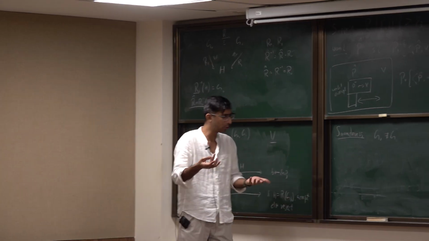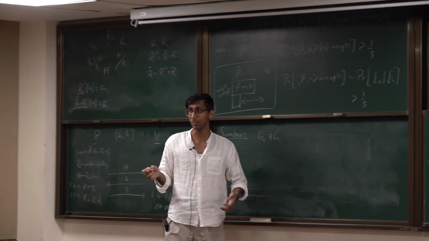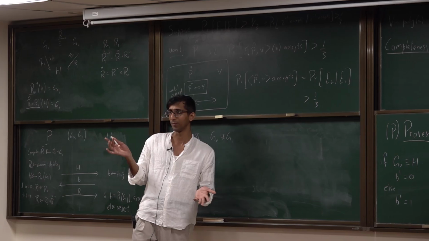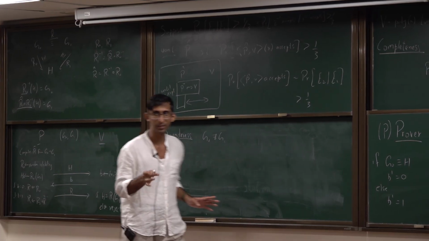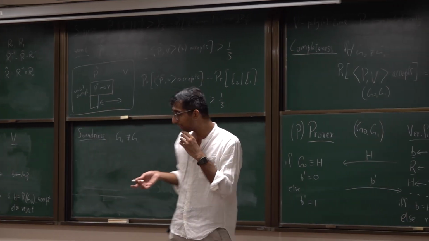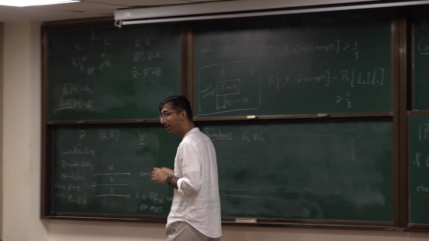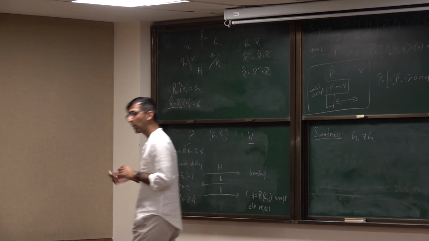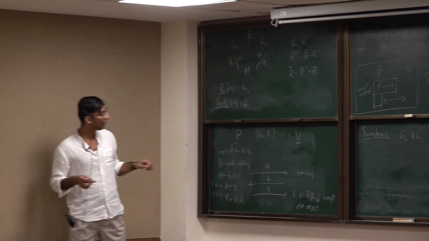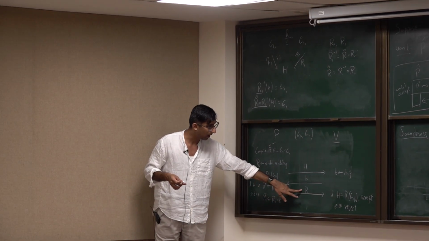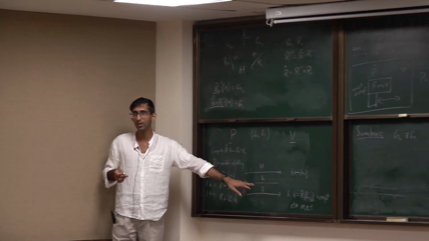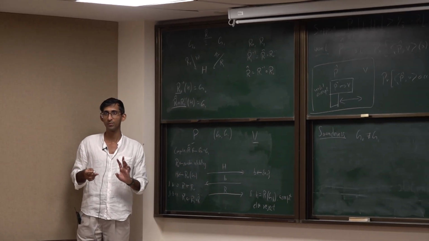The prover may be doing some weird things. Maybe H is not isomorphic to either of G0 or G1. You don't know. It's sending you some H, right? What we will show is that whatever H it sends you, the probability that it will then be able to follow up with an R satisfying the properties you're looking for is going to be low, right?